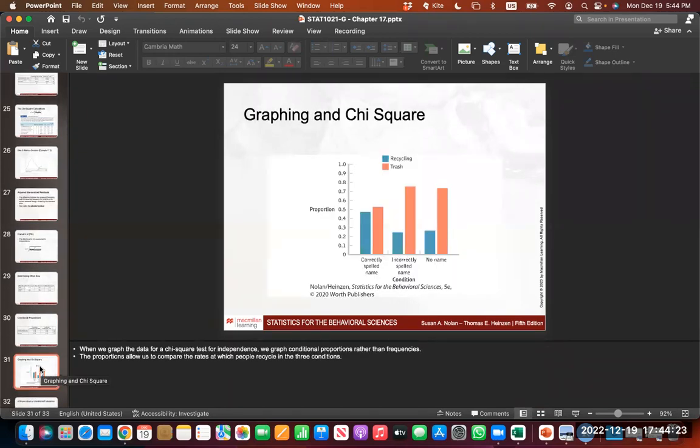You can also graph this out, and we have talked about bar graphs. So you basically have here proportions that you are depicting, and you can show these proportions as a bar graph, and depict them next to each other with recycling or trash. That's a very nice way to depict this data.